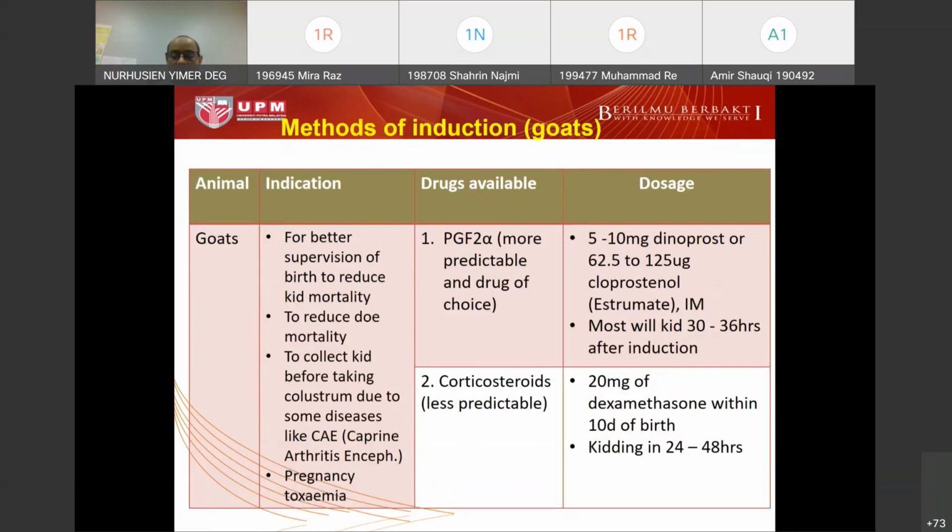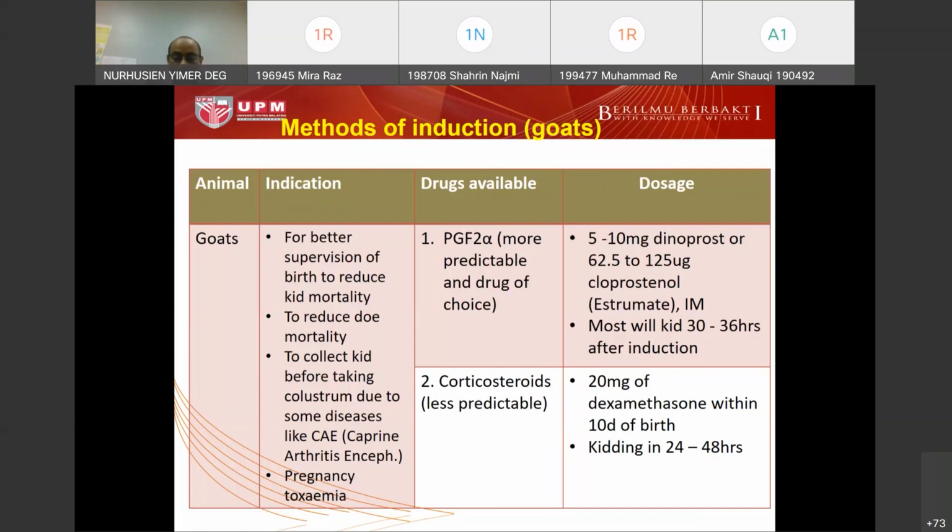So your choice of treatment or method for induction of parturition in the goats is going to be prostaglandin, all right? And obviously this will give a much more predictable timeline for the response to the treatment, okay? And of course, corticosteroids, because they act on the fetus, leading to cortisol release, mimicking that cascade of parturition that we discussed.